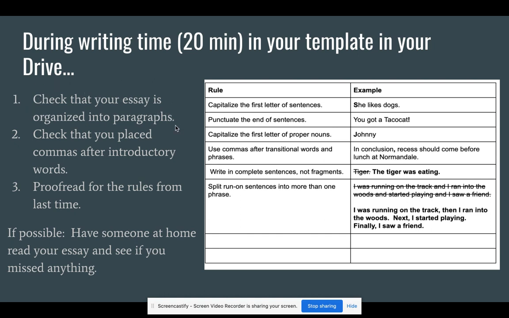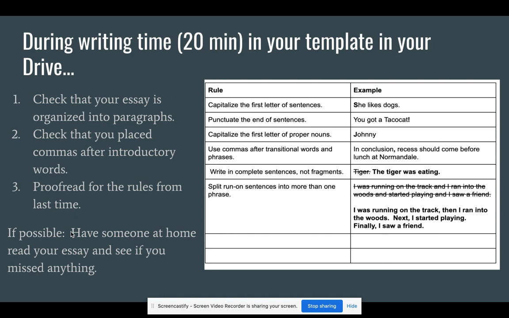So today, you're going to start retyping or copying and pasting your ideas out of the table in the template and into just a thing that looks like a normal essay. I'm going to show you what that'll look like in a moment. You're going to check that you place commas after introductory words. And you're going to proofread for the rules from last time in case you didn't finish up.